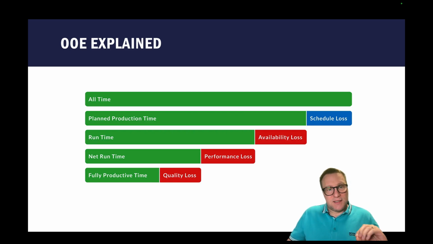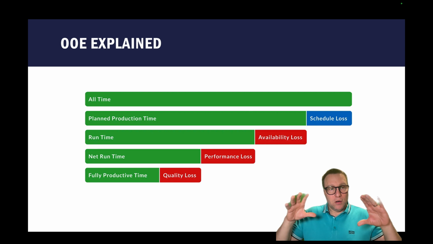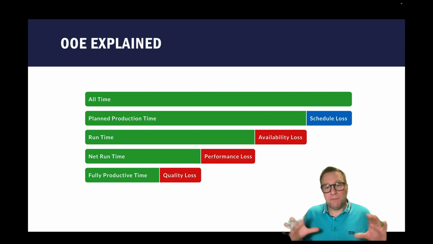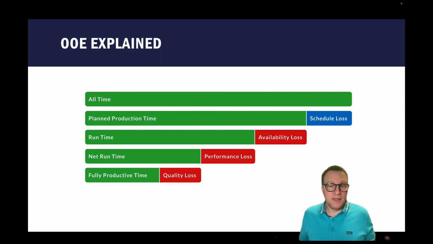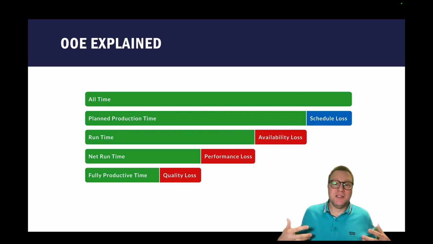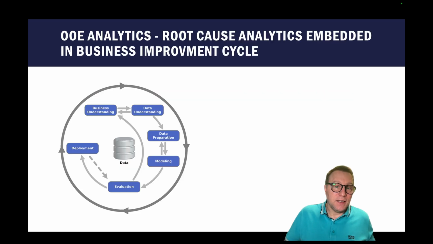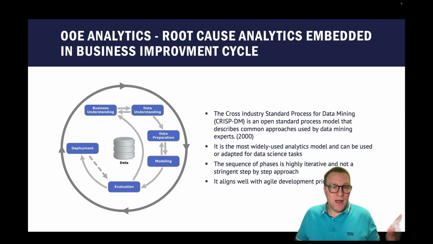And why is it such a good case for analytics? The overall OEE, or especially the red parts here, you can really help with analytics to understand these losses. And this is exactly the wonderful cycle of data science and analytics. Just as a reminder, I had this in other lectures, root cause analytics is a wonderful topic for OEE analytics.